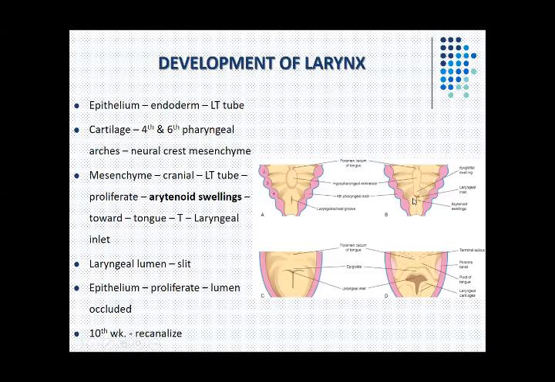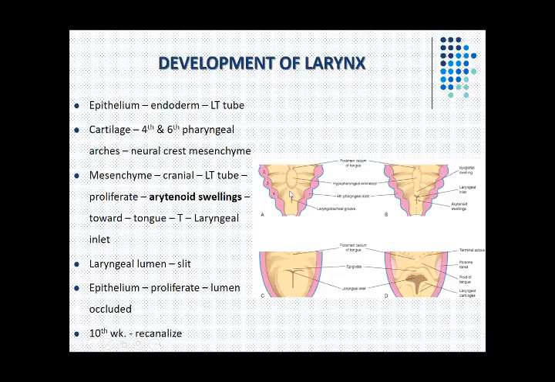Because of this growth, the vertical groove gets converted into a T-shaped groove. If you remember, this groove was actually forming in the ventral wall of the pharynx.